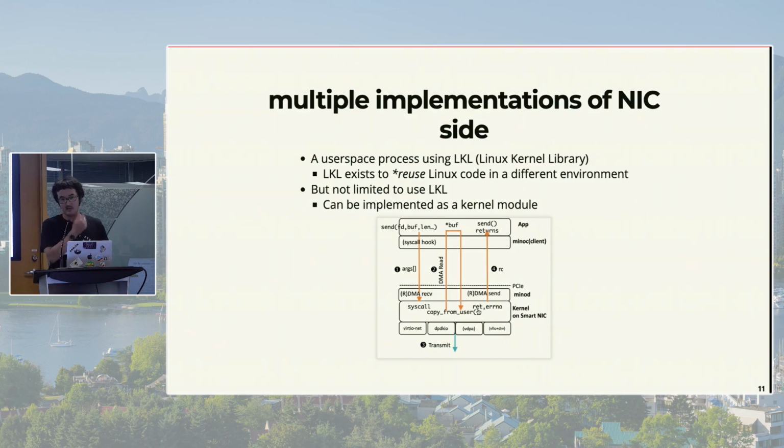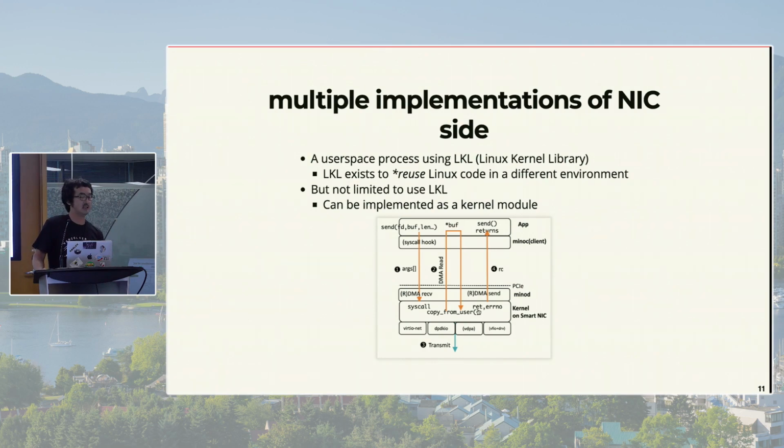So our current implementation of the NIC side daemon is based on the Linux Kernel Library. It's an out-of-tree Linux kernel implementation, which aims to be reused in different environments, not only for the monolithic kernel. So we adapted this library as a user space program, just attaching the Linux Kernel Library shared library to our daemon program.